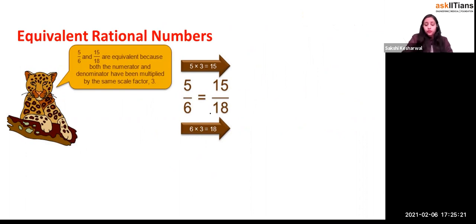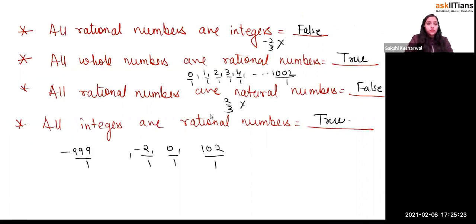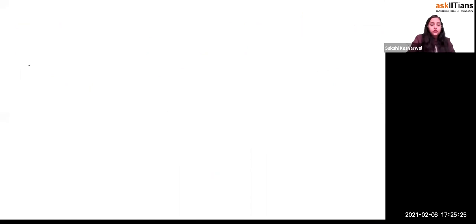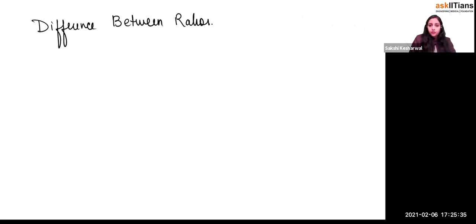As we talk, first let me teach you what's the difference between rational number and fraction, right? Rational number and fraction. You should know this.